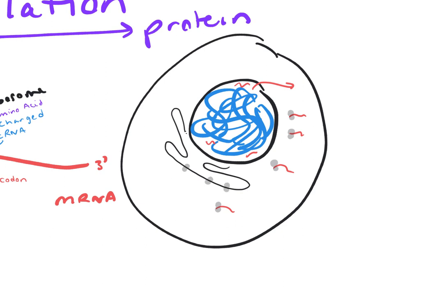Now, the mRNAs that are going to actually bind to those are going to be mRNAs that encode for proteins that are going to be either secreted or membrane proteins. The mRNAs that associate with the cytosolic ribosomes are going to be making cytosolic proteins. Okay, so again, just generally understand that the processes are uncoupled in eukaryotic cells.